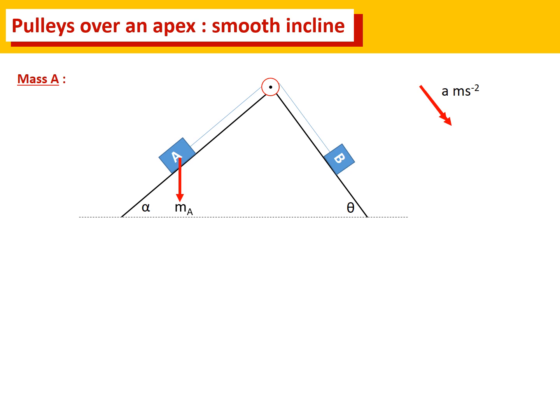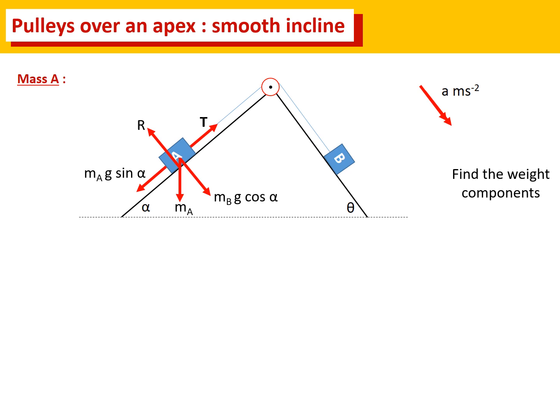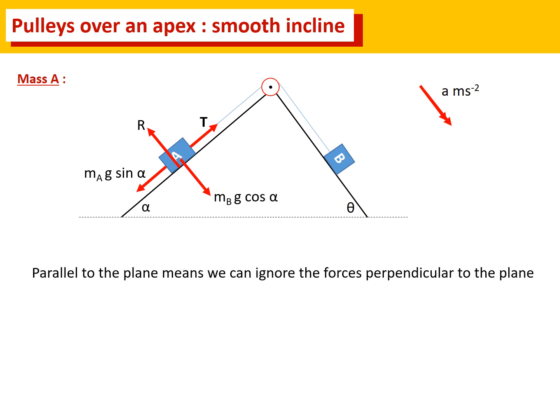So there's the weight of A, there's the tension, the normal contact force, and find the weight components, sine down the incline, cos into the plane, and then we can remove the weight of A. Now, parallel to the plane means we can ignore the forces perpendicular to the plane.